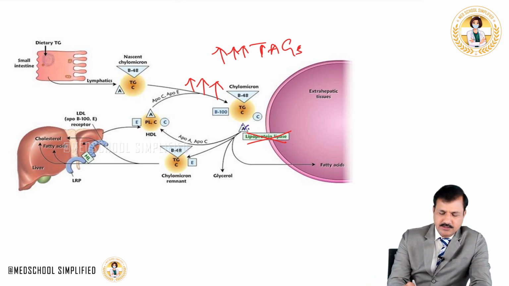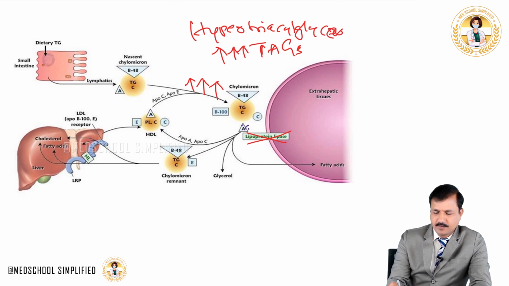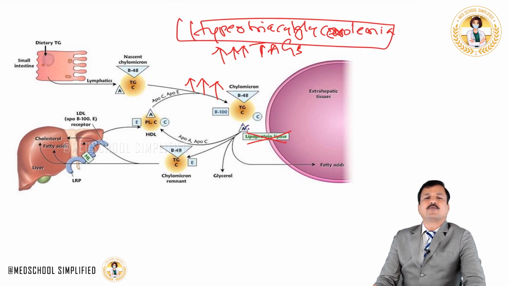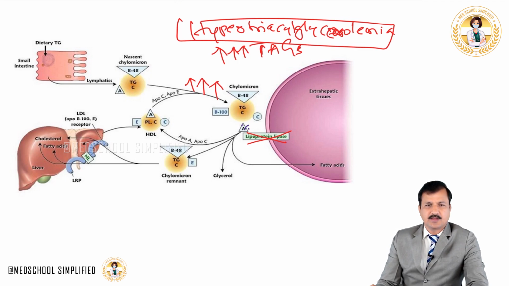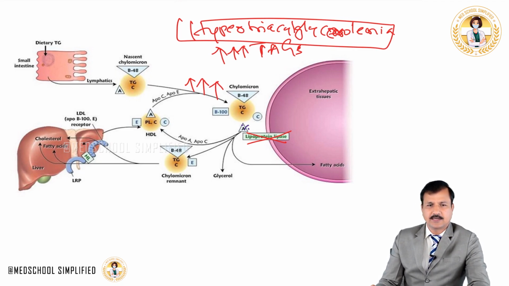That will give rise to hypertriacylglycerolemia, excess triacylglycerol in the blood, which happens when lipoprotein lipase is defective or deficient. That's one thing you need to remember, and we are going to study that later as familial lipoprotein lipase deficiency.